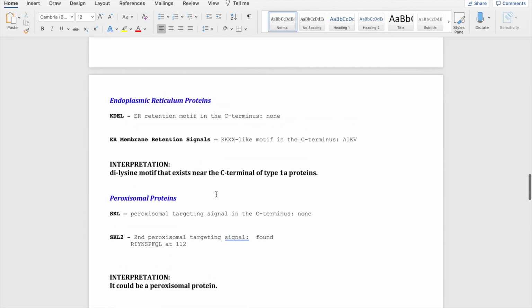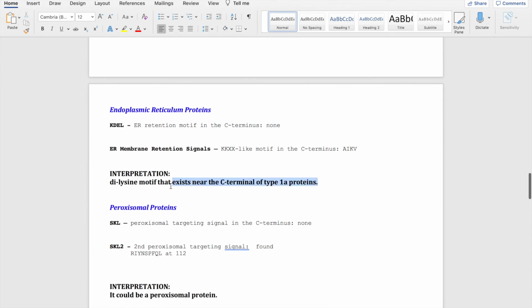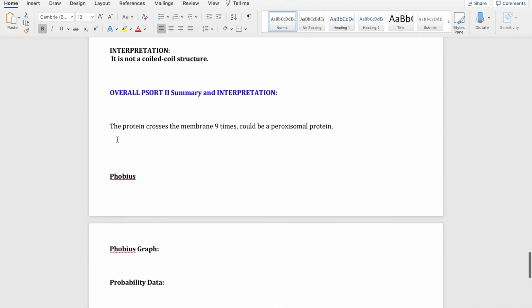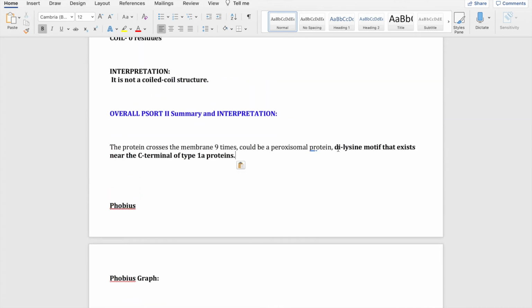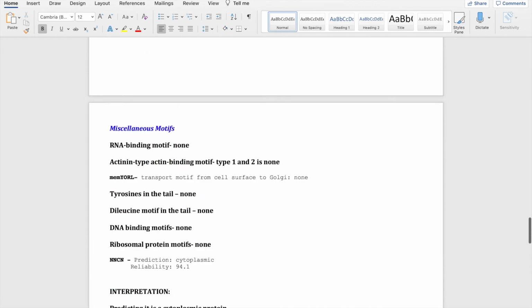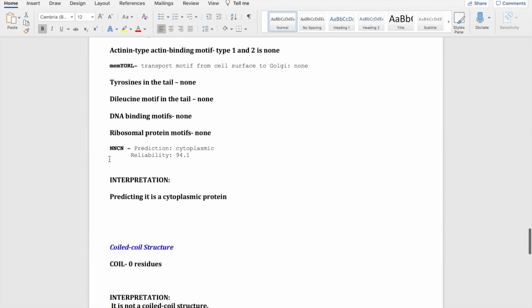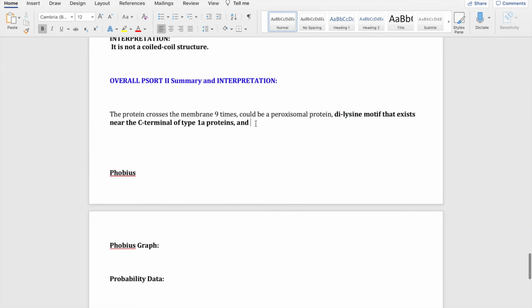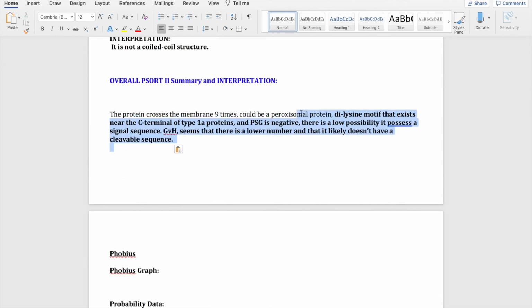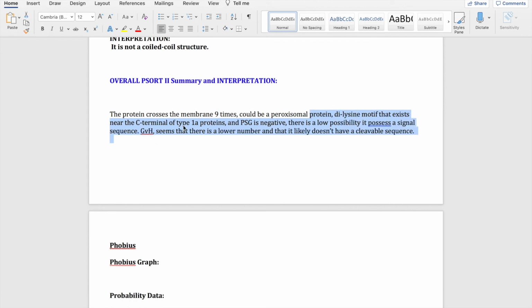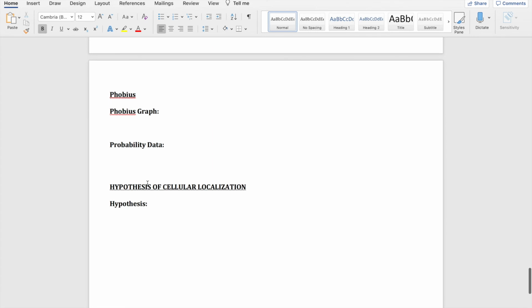And I'm going to copy and paste the dilysine motif information as well because I think that's important. And then the PSG and GVH information. And I should include as well that it predicted that it's a cytoplasmic protein. I just happened to miss that for this.